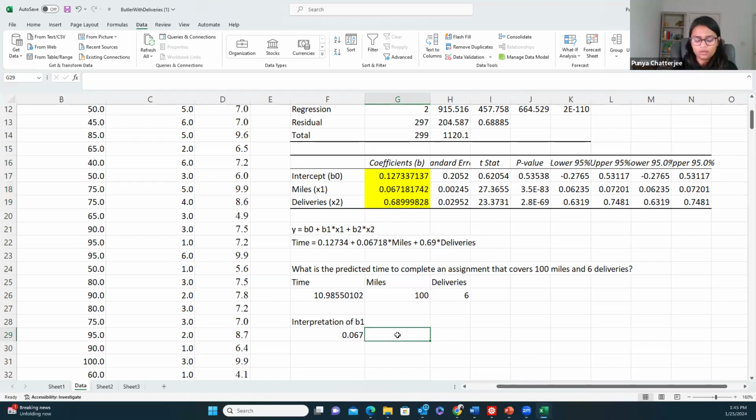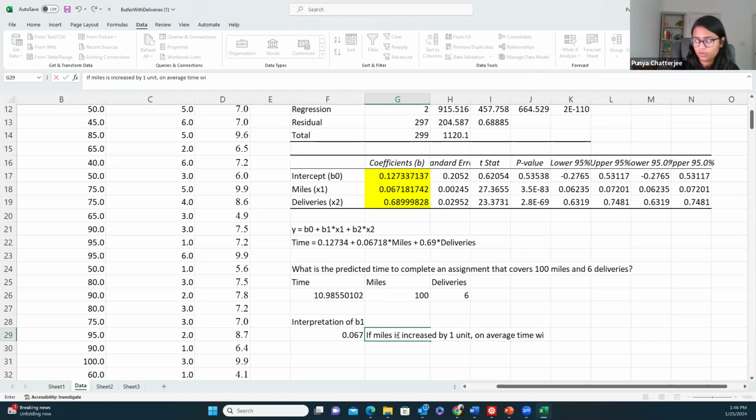So this is what it looked like: if miles is increased by 1 unit, on average, time will increase by 0.0672 hours. Right, that was the interpretation.